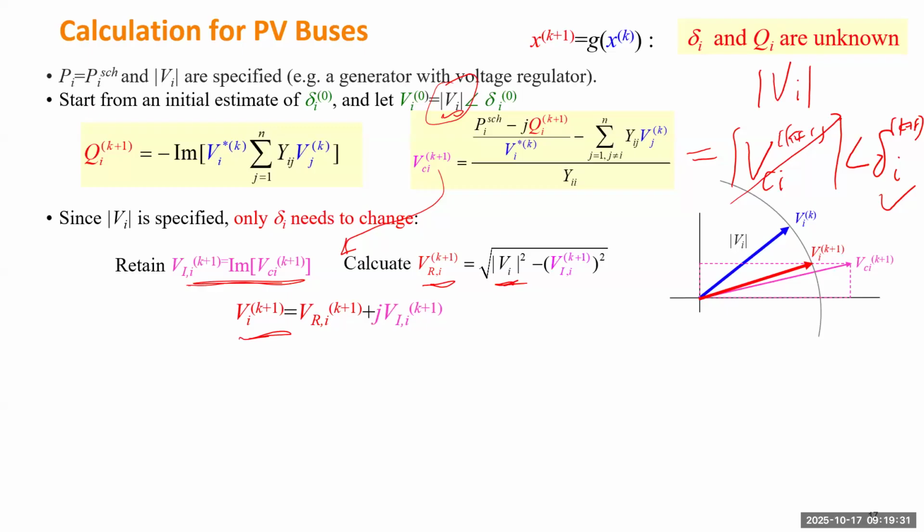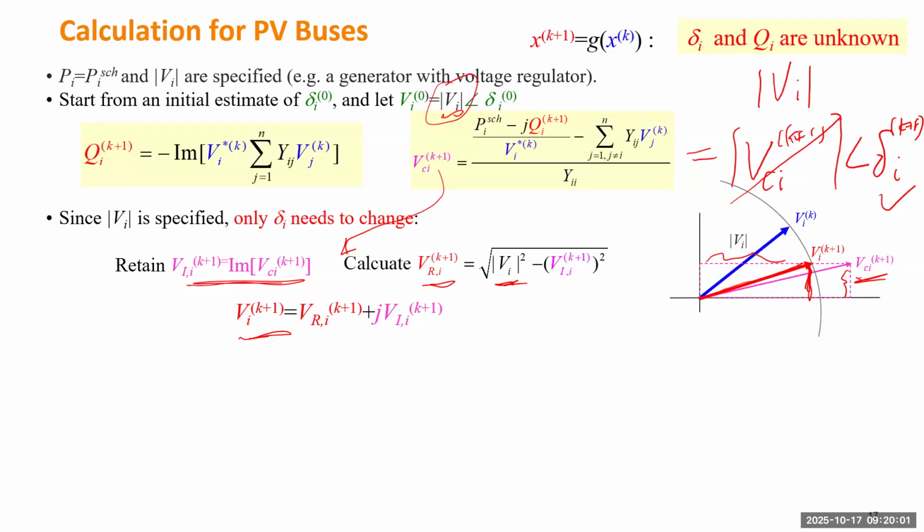So this is just a figure showing what happened during this process. You calculated the new voltage phasor, which has a longer absolute value, longer magnitude compared to V_i. So you only keep the imaginary part, and the real part is calculated based on the magnitude.